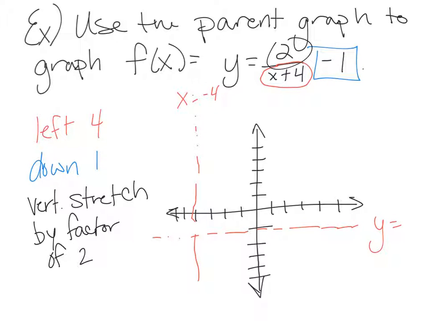So now we can graph it. Again, we can plug in a number, like let's say we plug in -3. If we were to plug in -3, we would have 1 on the bottom, so 2 over 1 minus 1 would give us 1. So essentially, it's going to move everything up. I factor 1 with that multiplication, but in the end, the graph is basically going to look the same as our parent. It's just going to be stretched just a little bit.